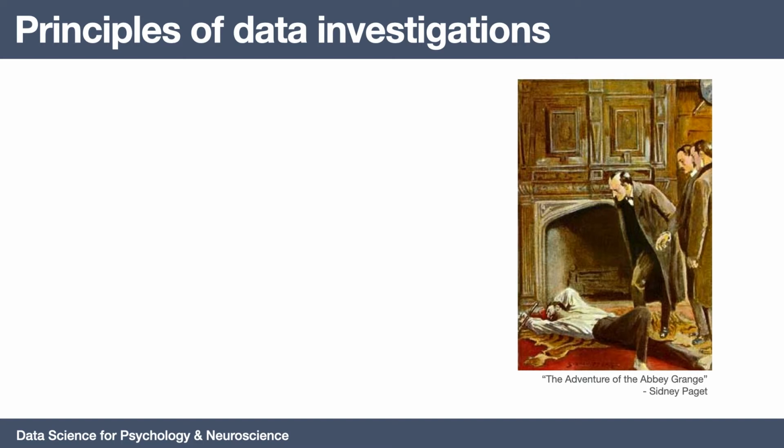So let's jump to the principles of data investigations that we really just borrowed from principles of criminal and crime scene investigations. First, you want to clearly identify what you were asking. You want to understand the structure of the question that needs to be answered. In, let's say, a crime scene from Sherlock Holmes, that's pretty easy. It's a body on the floor.